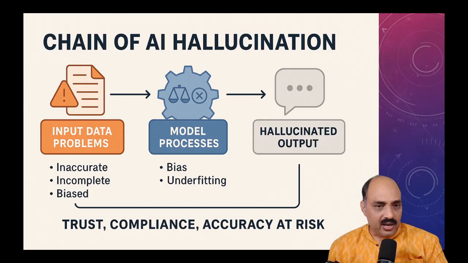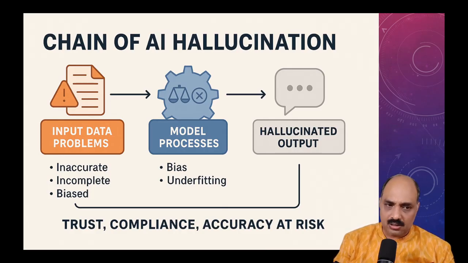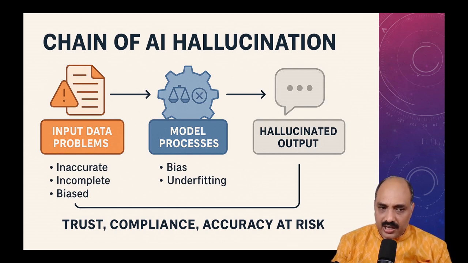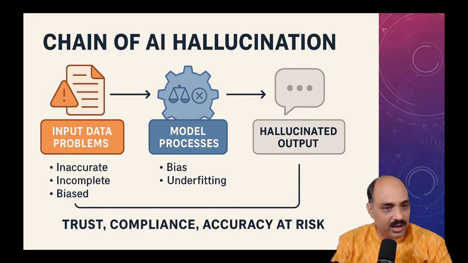In addition to this, there are other things adding to the chain of AI hallucination. There are input data problems. The data can be inaccurate, incomplete, or even biased. The data that you are using as a corpus may have survivorship bias, confirmation bias, or its own data echo chamber.